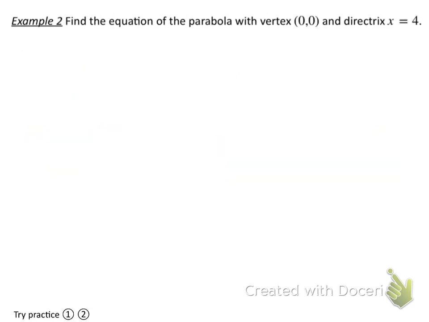Next example: if I describe the parabola and I want to get the equation of the parabola, what should I do? Well, you can sketch the graph a little bit if you want to, or you pretty much just find p and know which way it opens. Is it a sideways parabola, or is it an upward or downward parabola? That's all you need. If you sketch the graph, actually it might be easier.